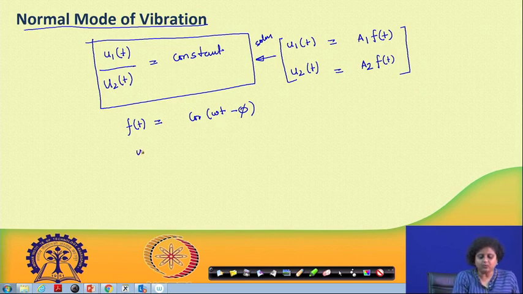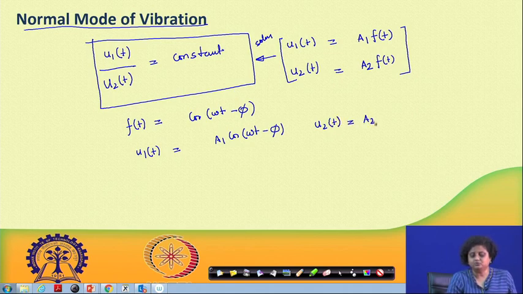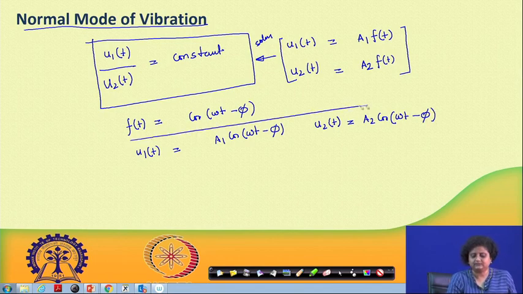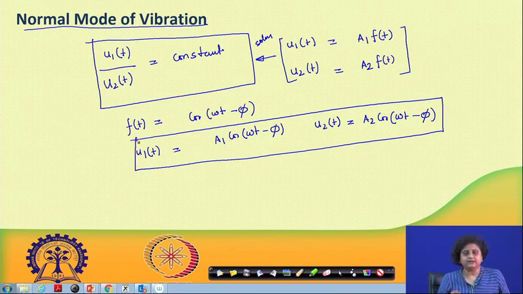So, my u1(t) now becomes a1 cos(omega t minus phi) and u2(t) becomes a2 cos(omega t minus phi). So, this is the assumed solution of u1(t) and u2(t), and this also satisfies the criterion of synchronous motion.